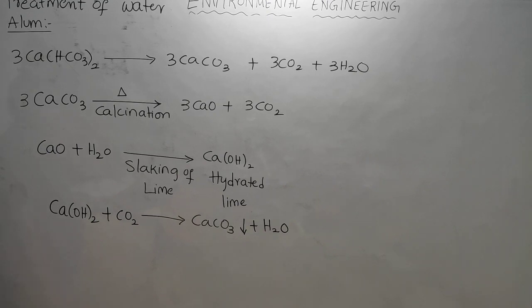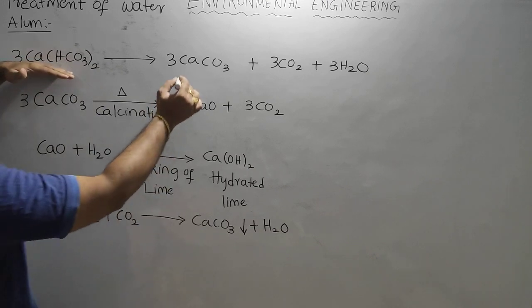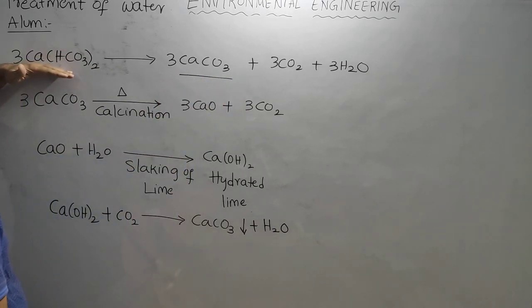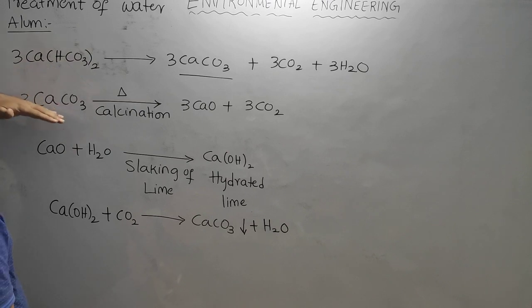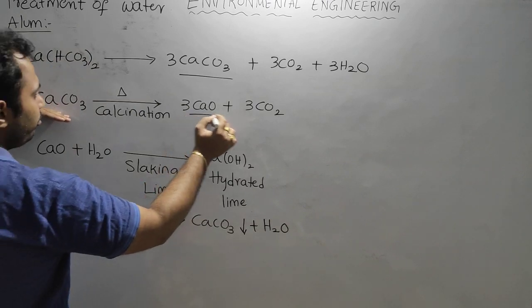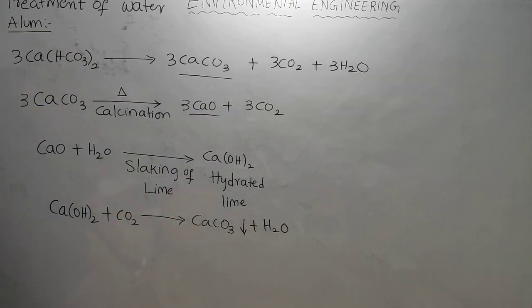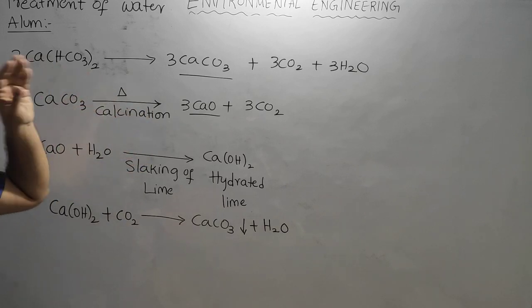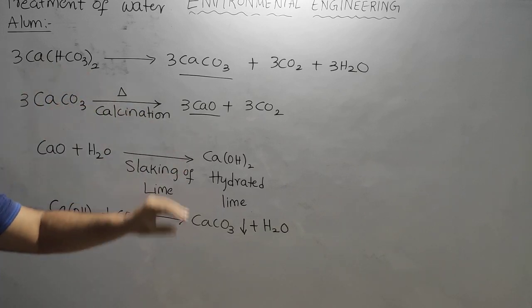So either this Ca(HCO3)2 can be brought from CaCO3, and CaCO3 can be brought from CaO. That means you can procure the alkalinity.